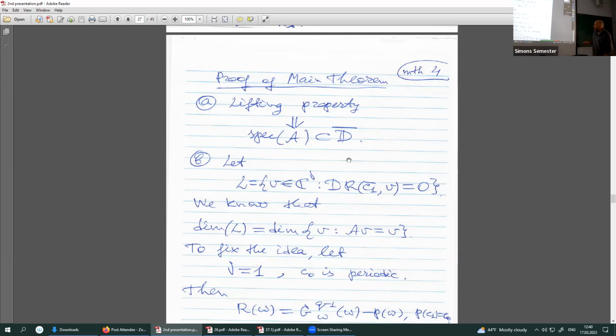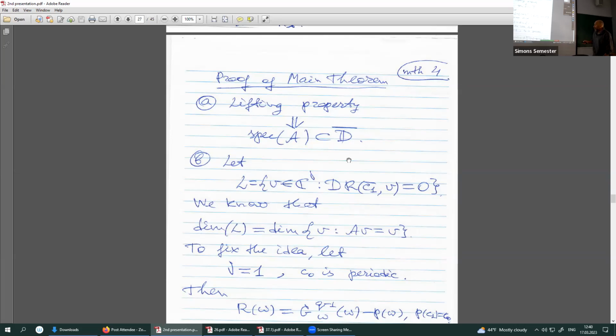So assume that 1 is in the spectrum. Then we know that the dimension of this eigenspace corresponding to this eigenvalue 1 is equal to the dimension of the kernel of this function, which defines the transversality or not. Okay, so the kernel is non-trivial, but moreover the dimension is equal.